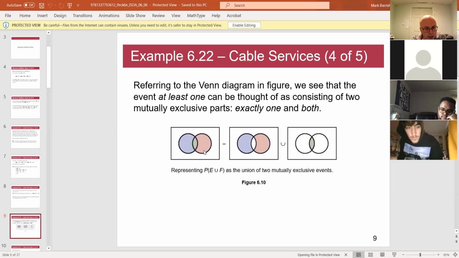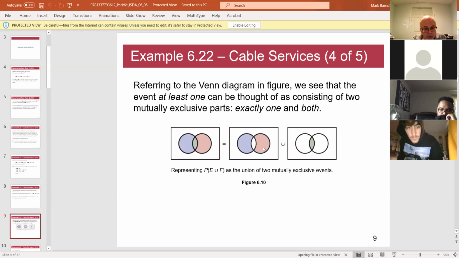The circle on the right could be telephone. And what's in the middle, where they intersect, they have both. So this representation, where you're coloring in both circles, means either one or the other, another way of saying it, at least one. So either internet or telephone, which means at least one of them. It's everything within the two circles.